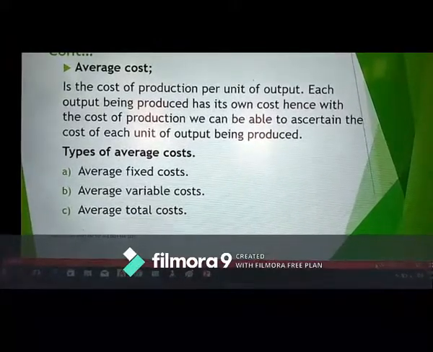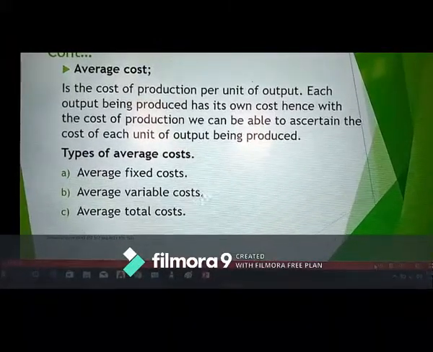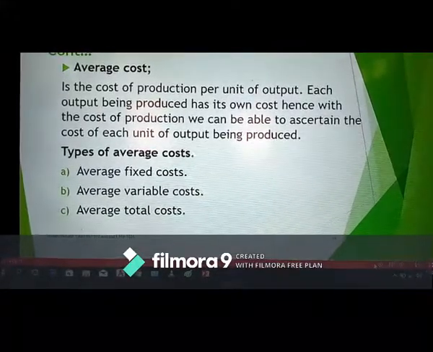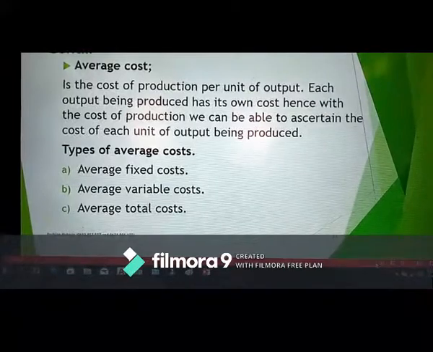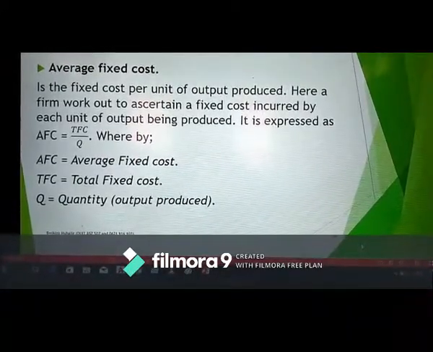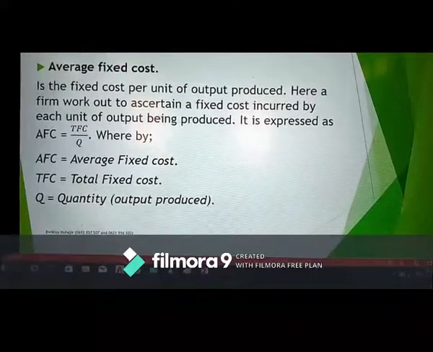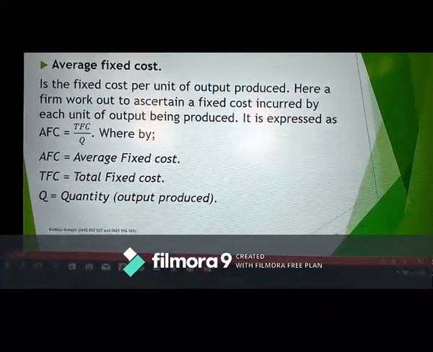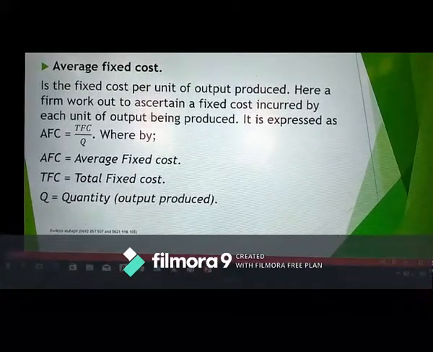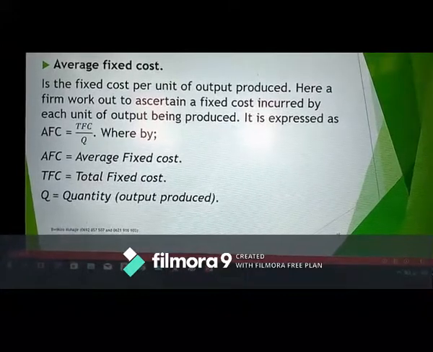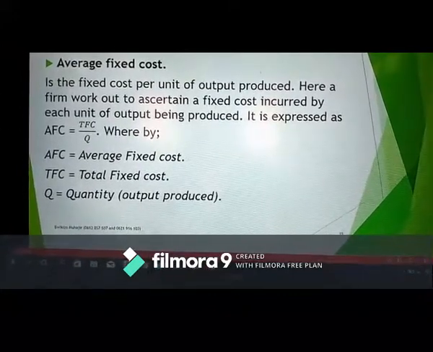Hence, with the cost of production, we can ascertain the cost of each unit of output being produced. It is categorized into three costs, which are average fixed cost, average variable cost, as well as average total cost. Under average fixed cost, the average fixed cost is the fixed cost per unit of output produced. Here, a firm works out the fixed cost incurred by each unit of output being produced.